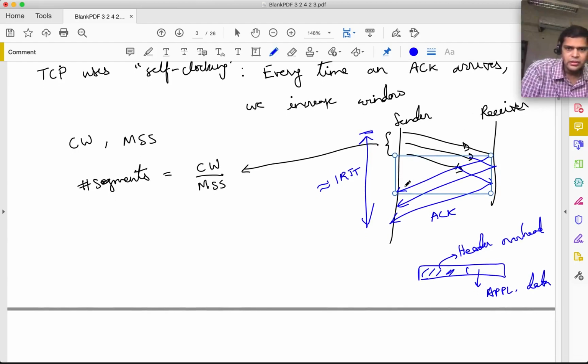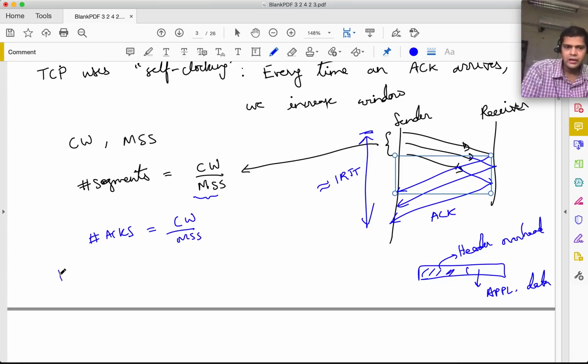So how are we going to increase the window size so that effectively we increase by 1 MSS? There are this many segments which I've sent out over here, and effectively I want to increase by 1 MSS. So the number of ACKs that I am getting back is also going to be equal to this.